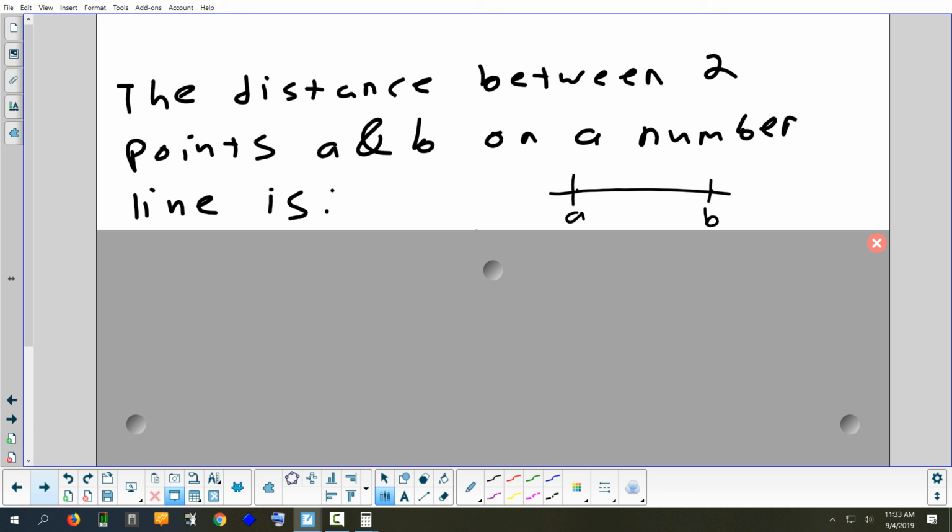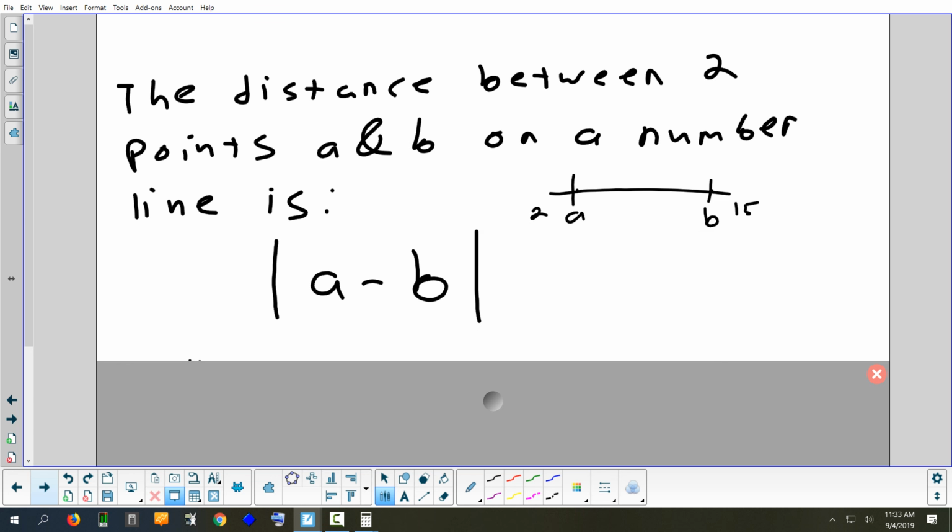Subtract them. Like if this was 2 and this was 15 and you want to know how far apart they are, 15 minus 2, 13. Or you could do 2 minus 15. Doesn't matter which way you do it if you take the absolute value. So distance between 2 points is the absolute value of the difference.